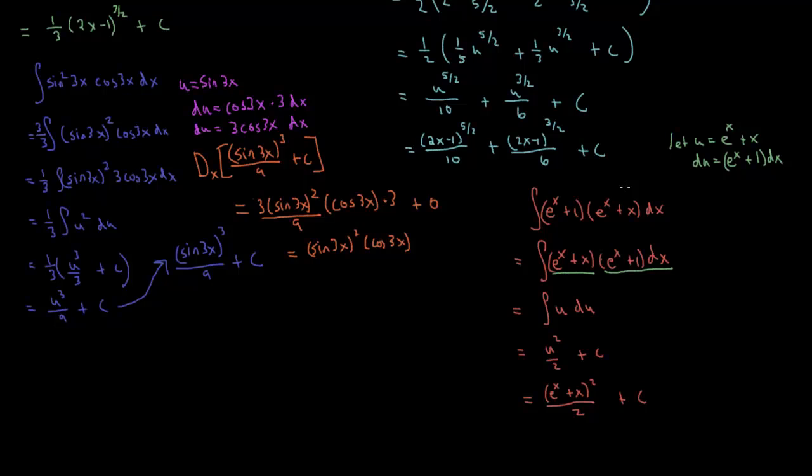Recall, if the function is non-negative over the interval of integration, then the definite integral will result in an area. If the function is not non-negative, then the definite integral will result in net area.